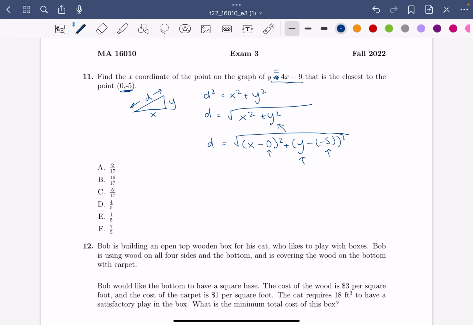So we can say that d equals the square root of (x minus 0) squared plus (4x minus 9 minus -5), so that's plus 5, that whole thing squared. If we simplify a little bit, we get d equals the square root of x squared plus (4x minus 4) squared.